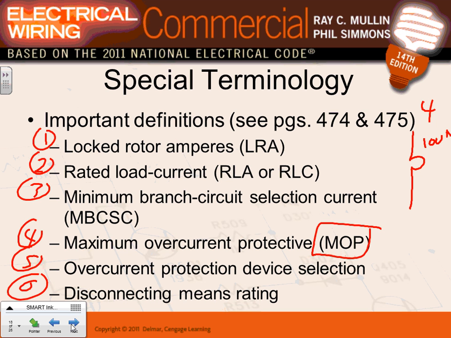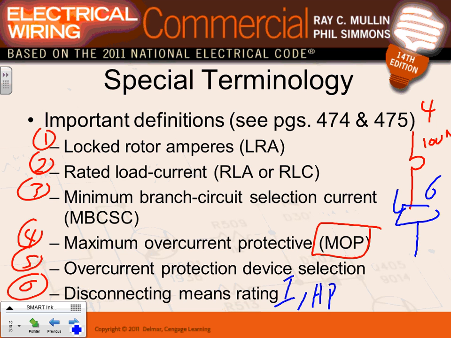The second one is the minimum, we don't have a rated load amps, overcurrent protection device. Disconnect means rating. Guys, when you come over here, you have to have a disconnect, right? That's number 6. The disconnect rating, Jeff, has 2 ratings. Number 1, amp rating. Number 2 is horsepower. So your motor is like any other motor.